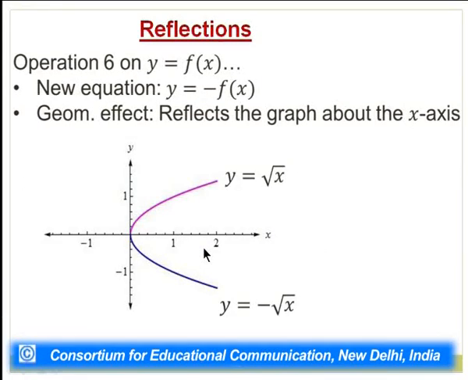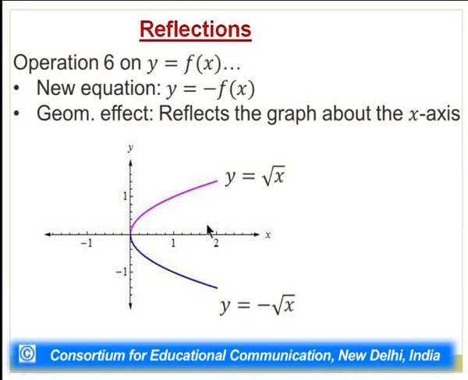And finally, let's talk about how we can obtain the graph of minus f of x from f of x. That in turn is nothing but a reflection of the graph about the x-axis, because the way to read the math in the new equation is that now if you keep the x value the same, the y value in the new equation would be negative of the y value that you had in the original function.